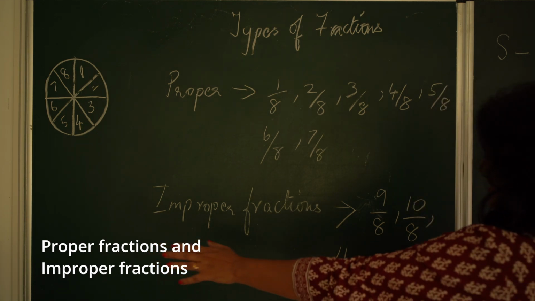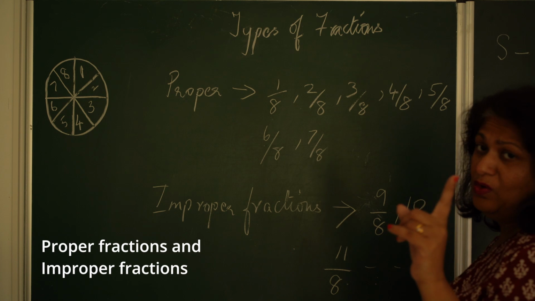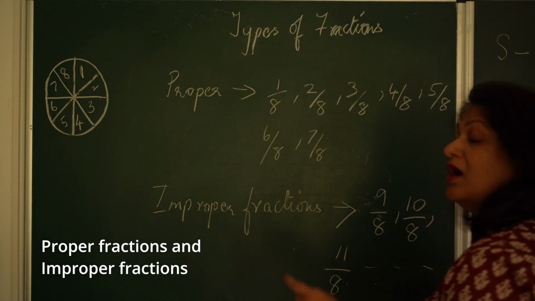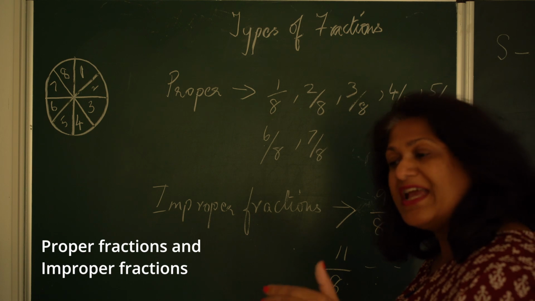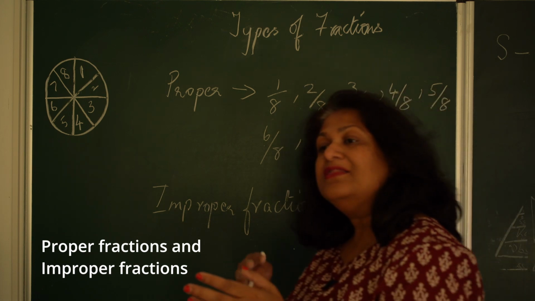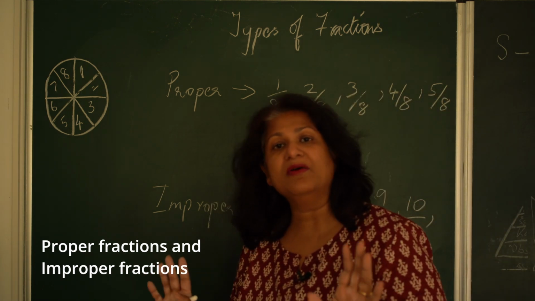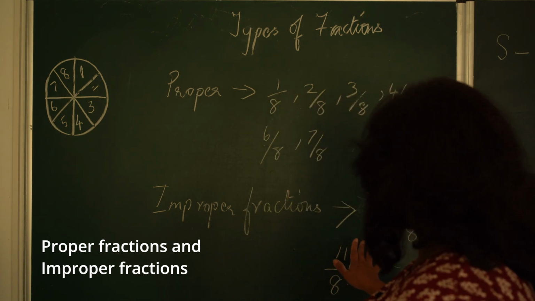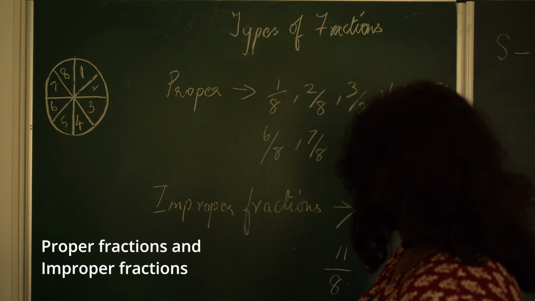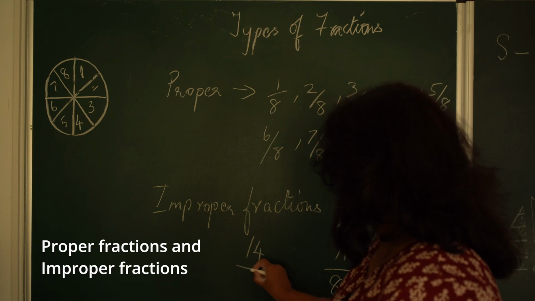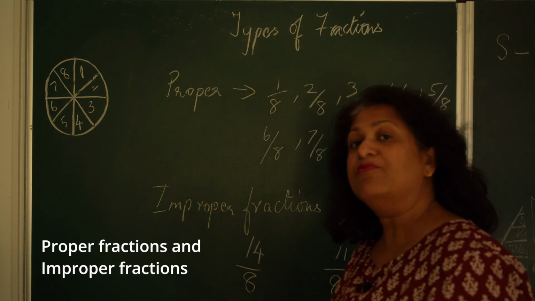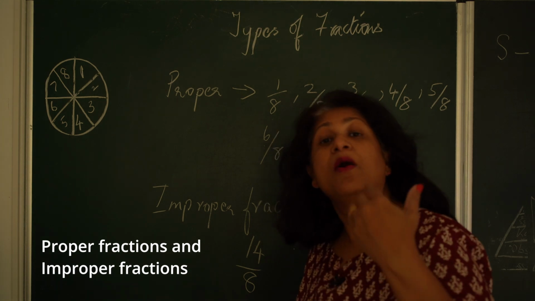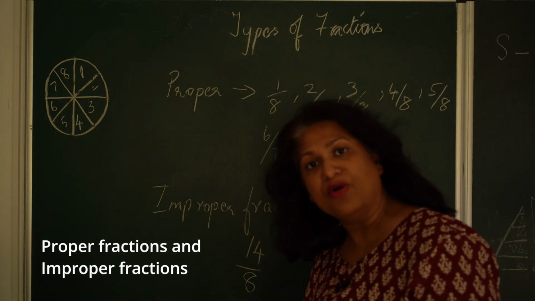Just remember, the numbers on top increase by 1 and the denominator stays the same. I won't consider 8 by 8, because there the numerator and the denominator become equal, so they become one cake. But 9 by 8, 10 by 8, 11 by 8, 14 by 8 are all improper fractions, where the numerator is bigger than the denominator.